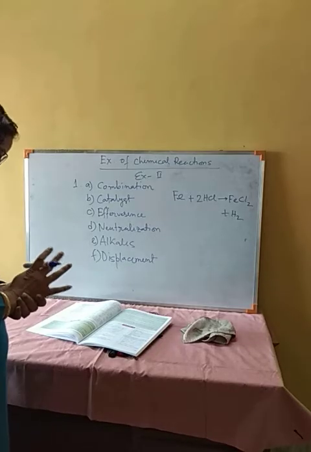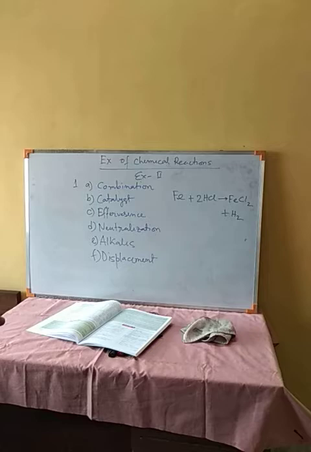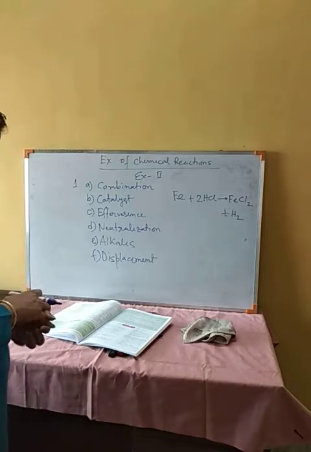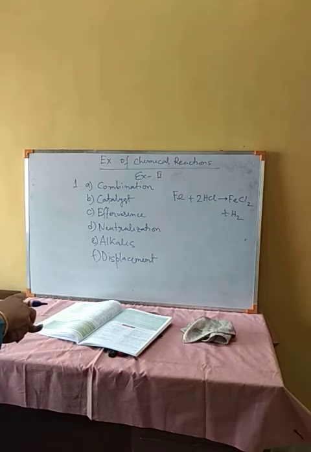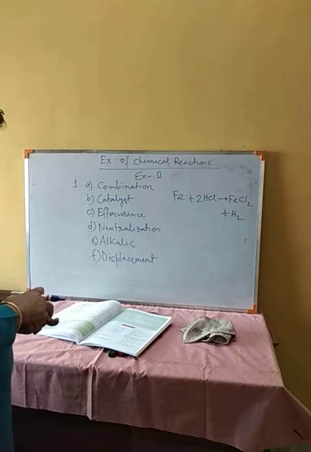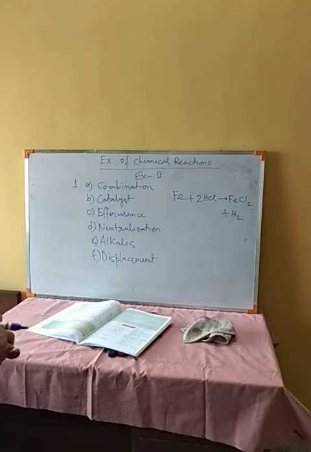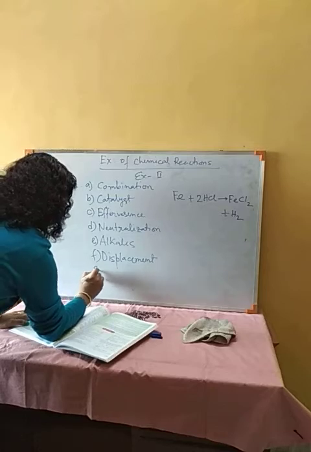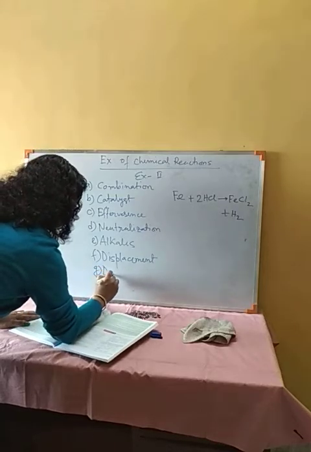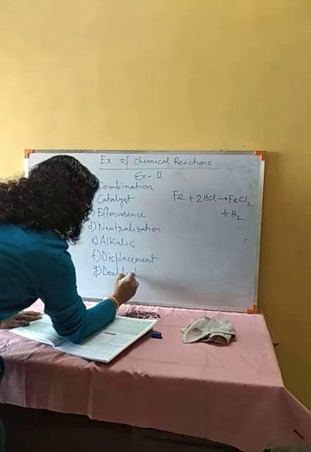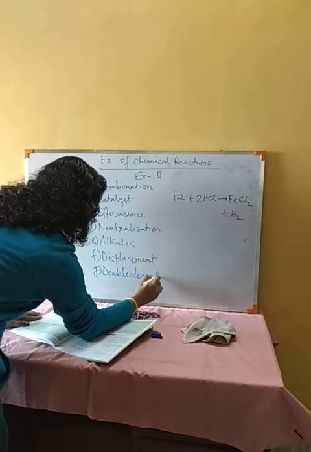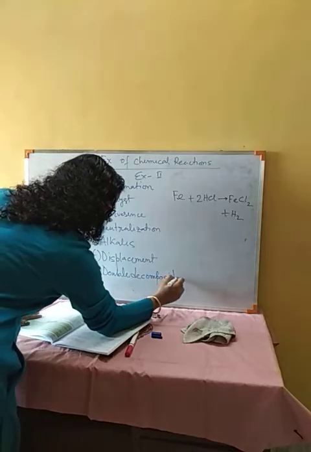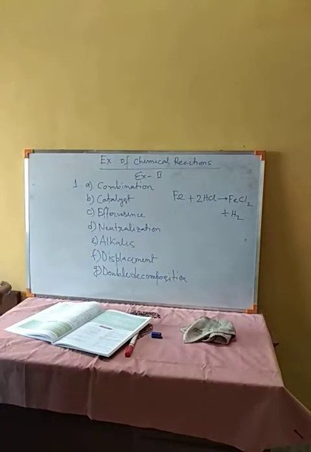Next, question number G. In the type of reaction called dash, two compounds exchange their positive and negative radicals respectively. This will be double decomposition, or double displacement also we can say.